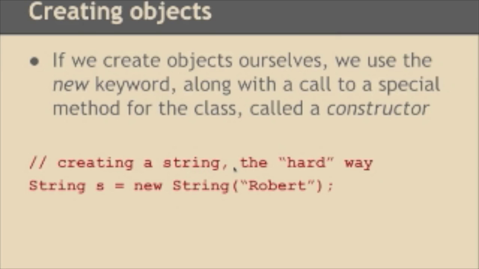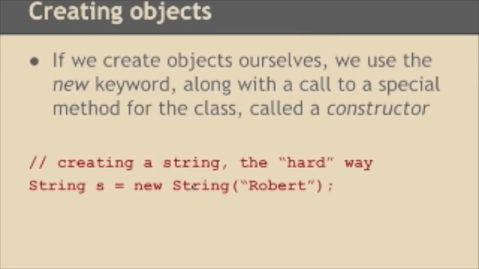And now obviously this is sort of the hard way to do it. Processing lets us make shortcuts, but nonetheless, we're still making a string named S. We say that we're going to make a new object by using the new keyword, and then we call the constructor for the string class.